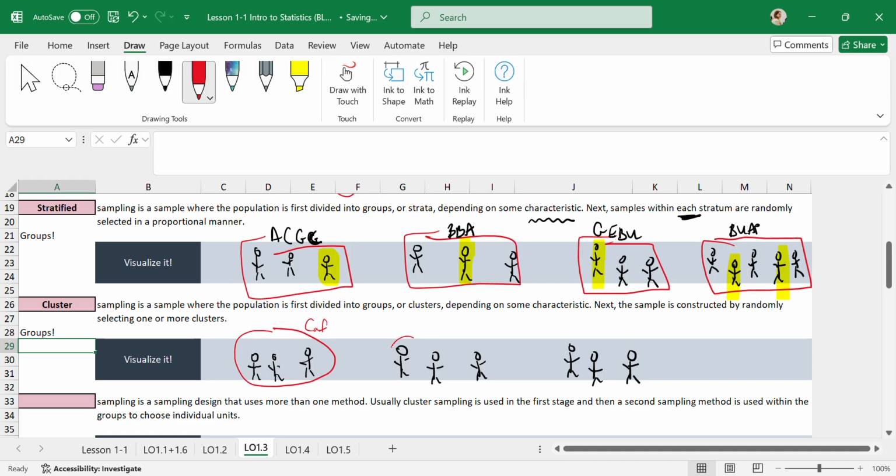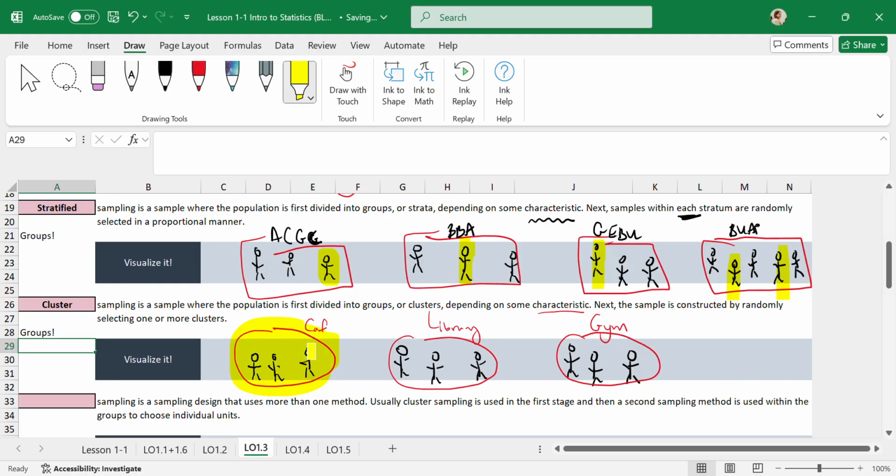Let's say these people are in the library and these people are at the gym. So now we've put them in groups, again, based on some kind of characteristic. But now the difference with a cluster sample is you don't choose from each group, you randomly pick clusters. So let's say the cluster I pick is the cafeteria.